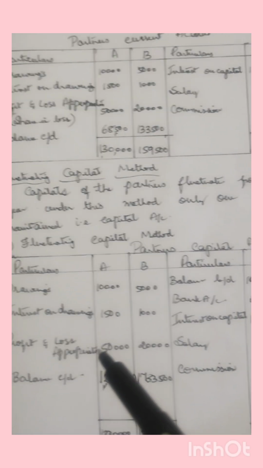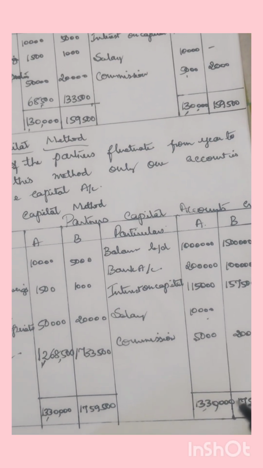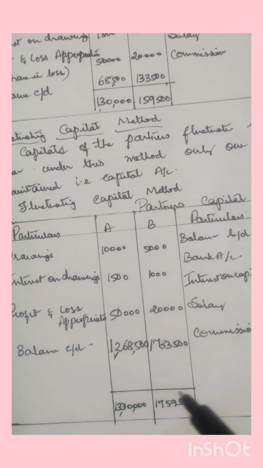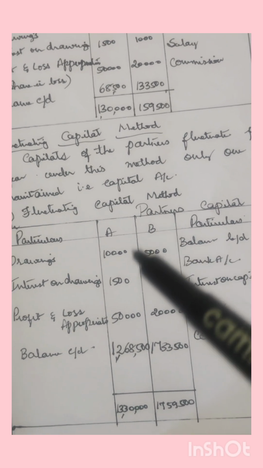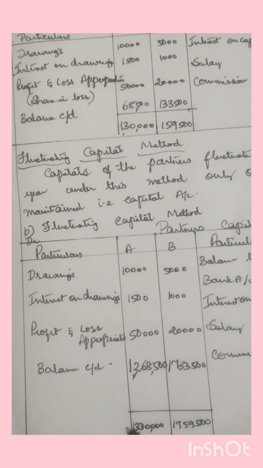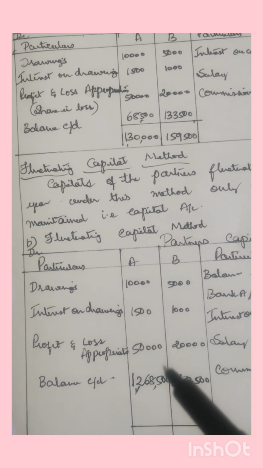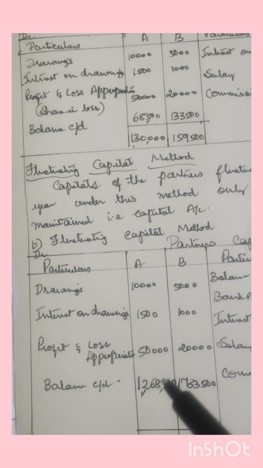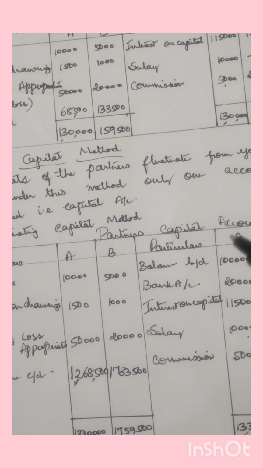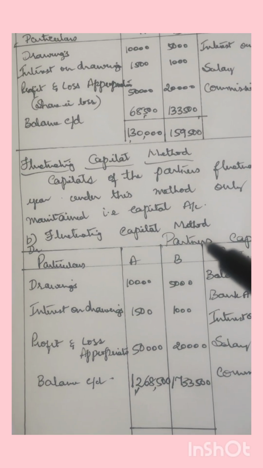Finally, it has to be closed by finding the total. Write the same total under the debit side also. From this total, as you deduct these values, you find a closing balance. Again, from the debit total, as you deduct these debit values, you find a closing balance. So this is how the partners' capital account has to be closed under the fluctuating capital method.